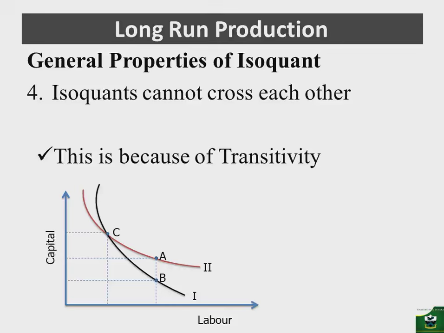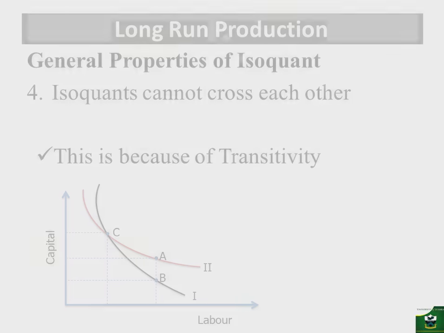So B and C have the same output, and A and C have the same output. But if you look at A and B, A is on a higher isoquant than B, which means that A has more output than point B. Now, if B and C have the same output, and A and C have the same output, this should automatically mean A and B have the same output. This contradicts the theory, and therefore we should always ensure that isoquants do not cross.